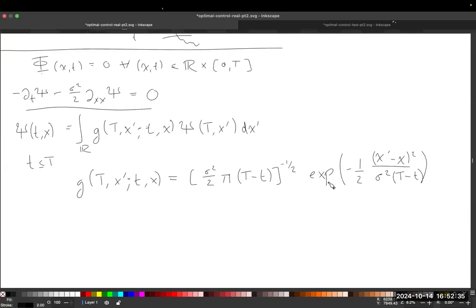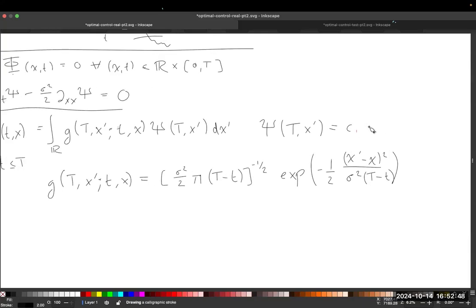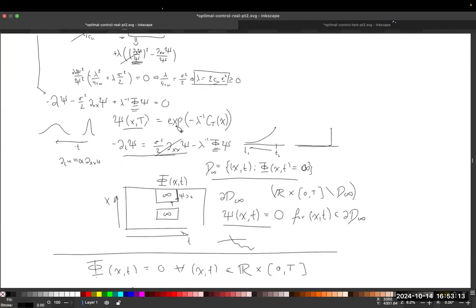And also, another thing, we're looking at the case where psi(T, x prime) is equal to the quadratic, like we were last week. Sorry, not psi(T, x), that's our V(T, x). Our V(T, x) is quadratic in the terminal state. So our psi is going to be an exponential.